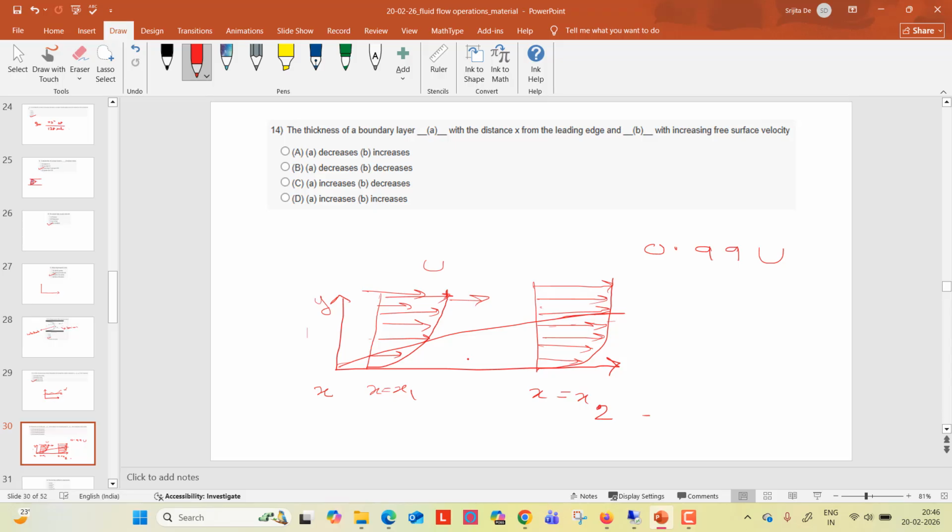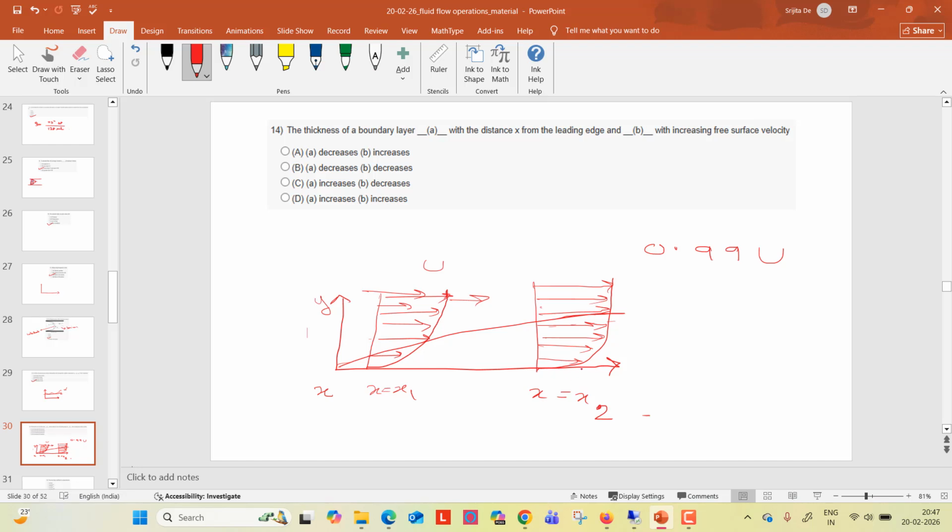As x is progressing, the boundary layer thickness will also increase, and decreases with free surface velocity.